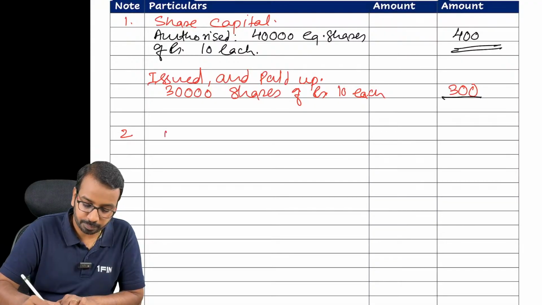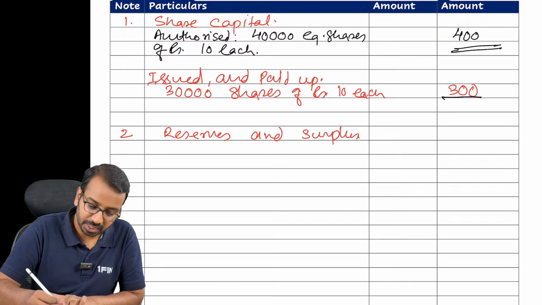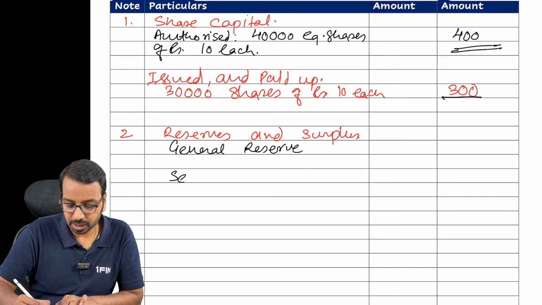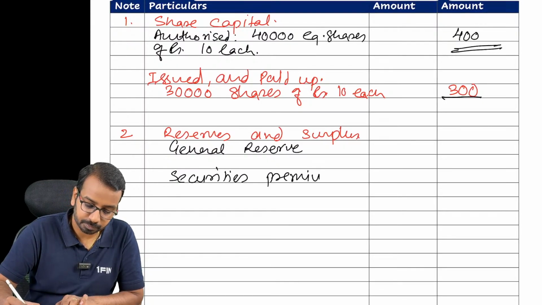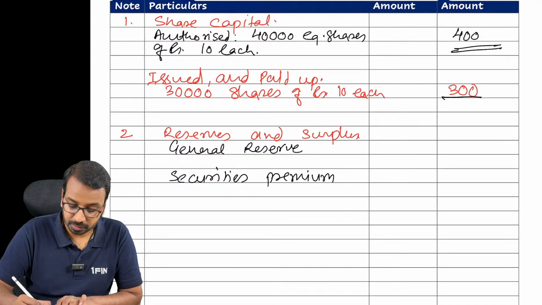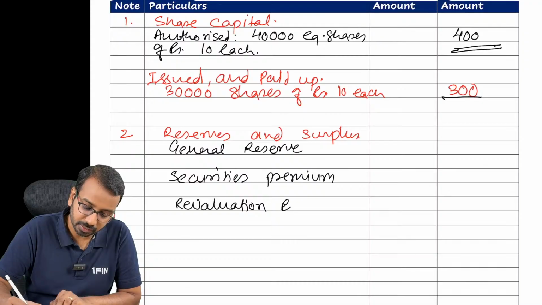Note number 2, reserves and surplus. Under reserves and surplus, we had general reserve. Then second one, we have securities premium. Then we have P&L balance that we'll write at the last. We said we'll have something called revaluation reserve.